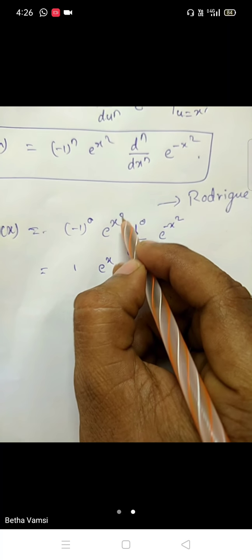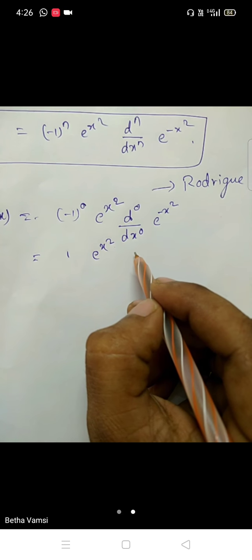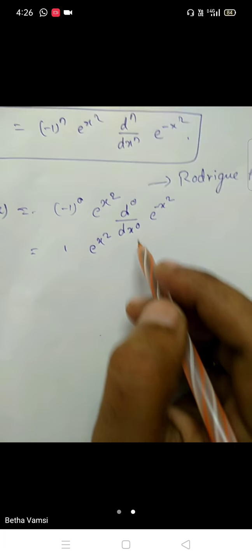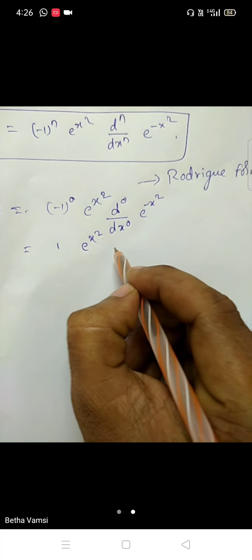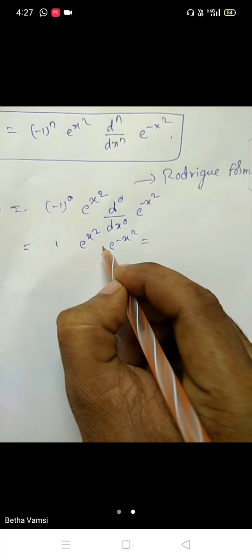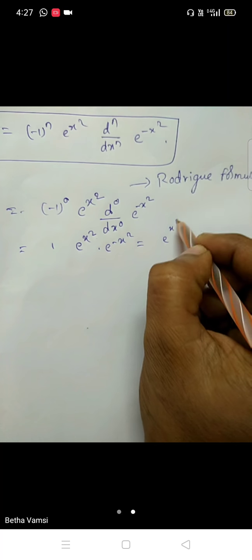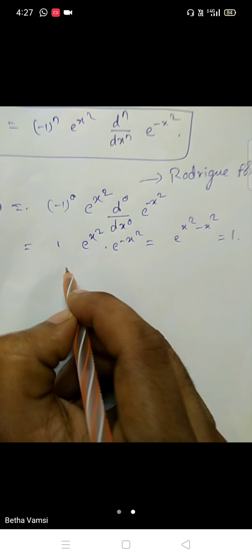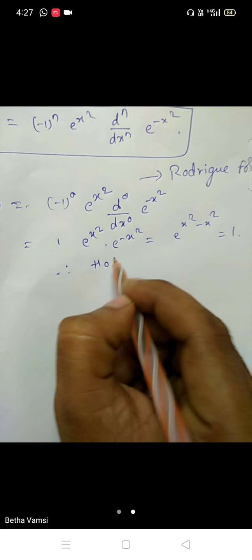This is the zeroth derivative. The zeroth derivative of e power of minus x square is e power of minus x square itself, so e power of x square times e power of minus x square is 1. Therefore the value of h naught of x will be 1.